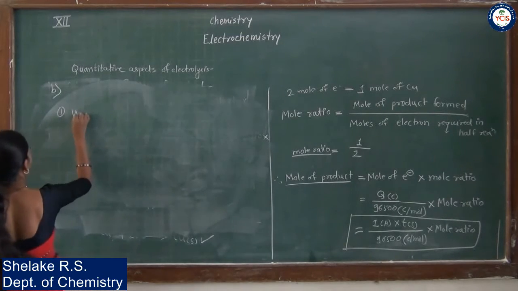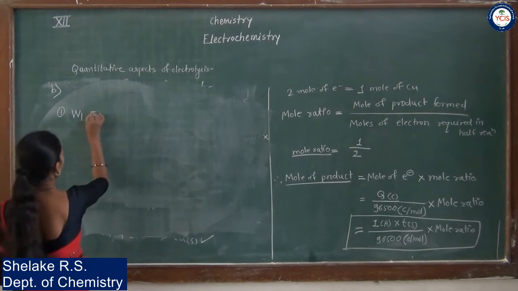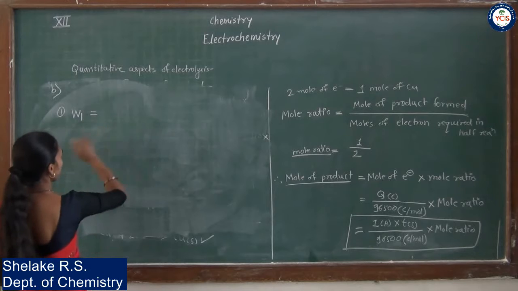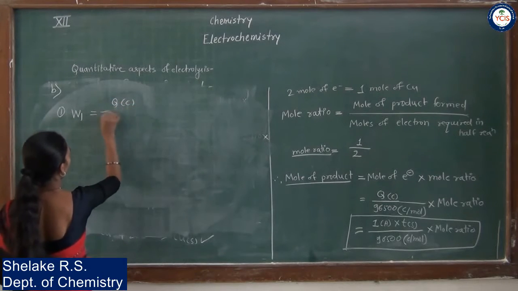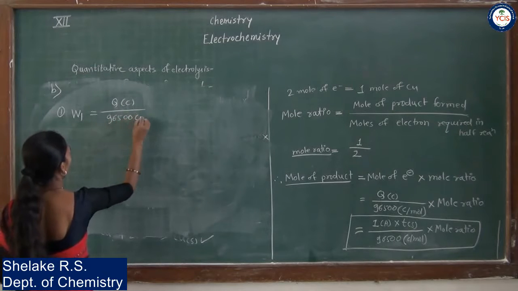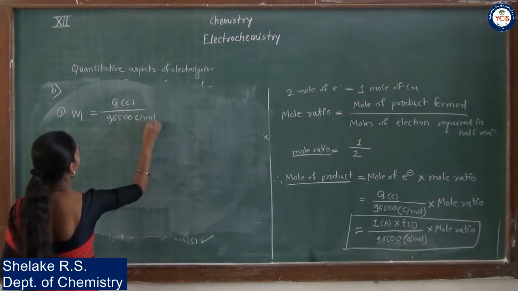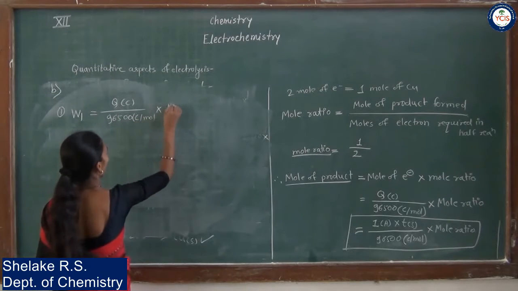I will denote that with W1. Suppose W1 is equal to, how can we write it? Q, which is in coulomb, divided by 96500 coulomb per mole, into what? Mole ratio.